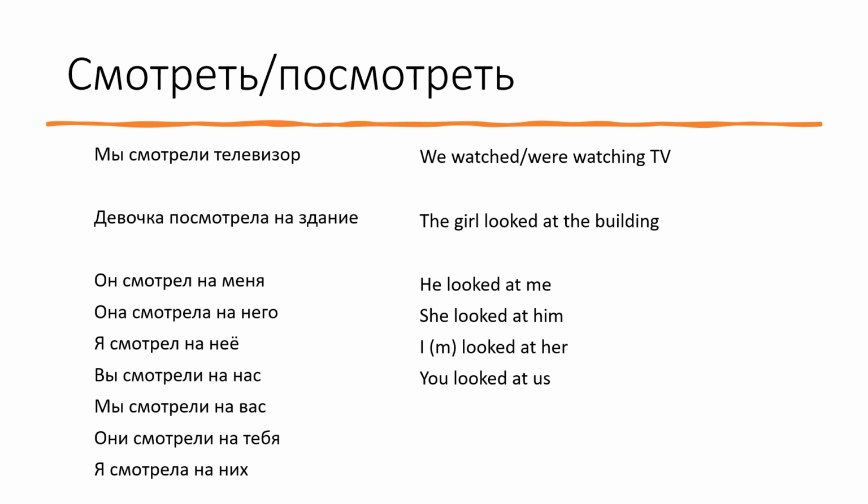Мы смотрели на вас. We looked at you. There's a lot of looking going on here. Они смотрели на тебя. They looked at you. And lastly, я смотрела на них. I looked at them.